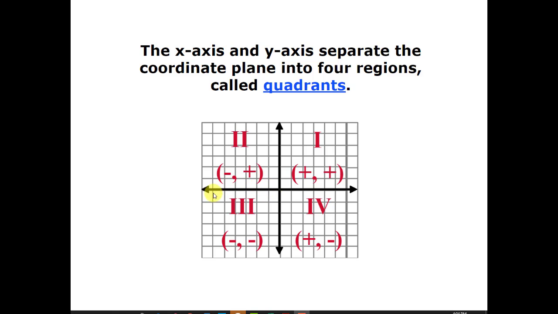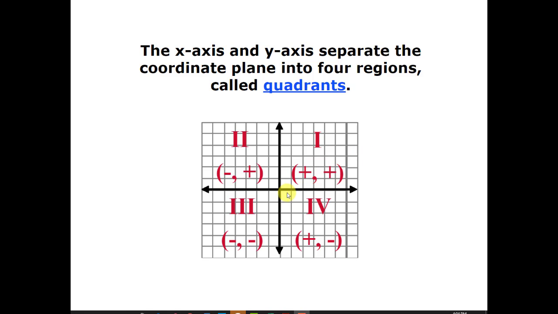In quadrant 3, what would happen is I would start at the origin, I would go left on the x-axis and down on the y-axis, so all the points in quadrant 3 would have a negative x and a negative y.